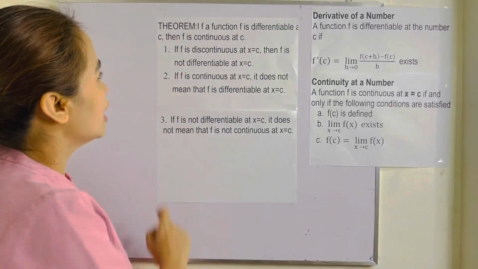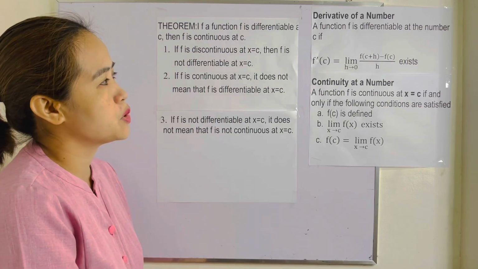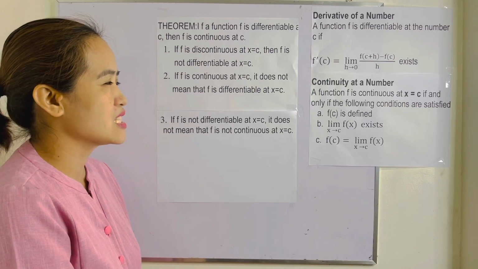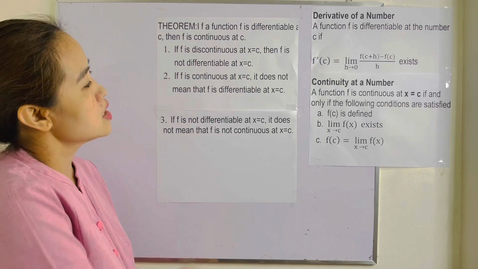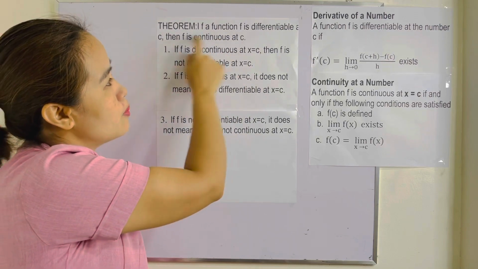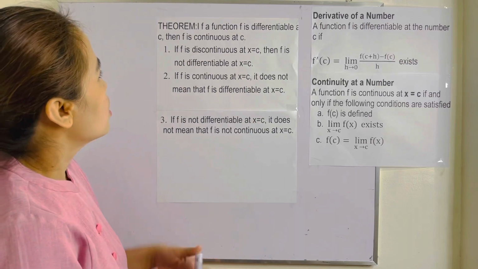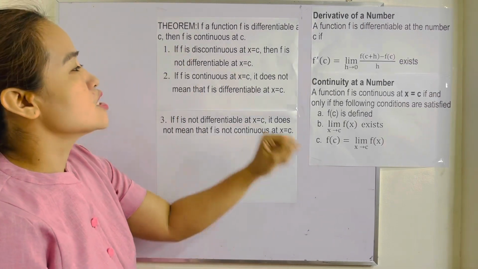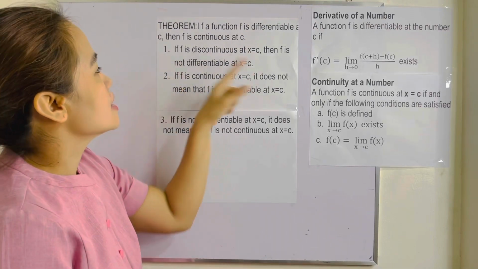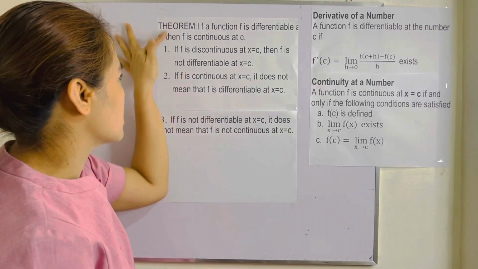Now, if f is discontinuous at x equal to c, then f is not differentiable at x equal to c. These three statements are conclusions from this given theorem. This one is the contrapositive of the theorem.